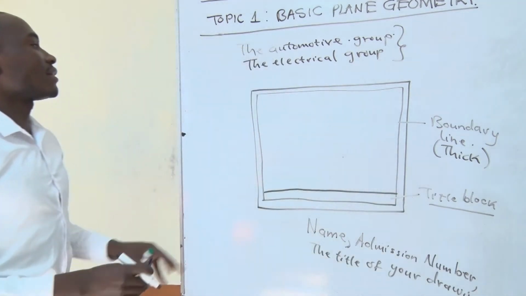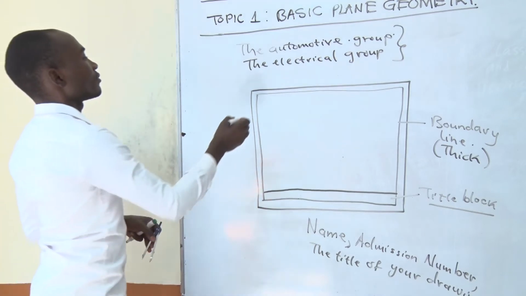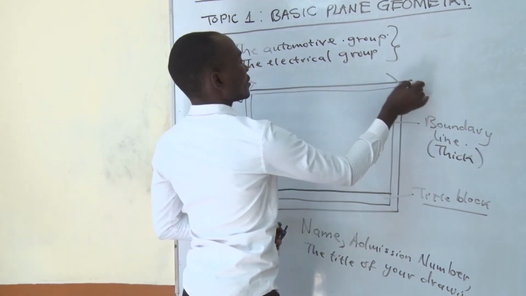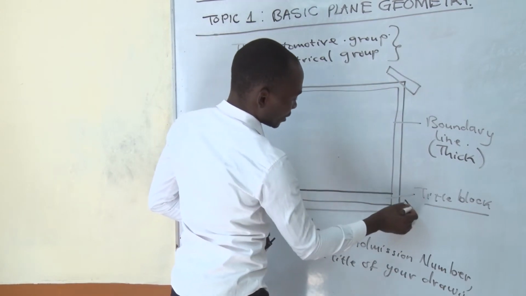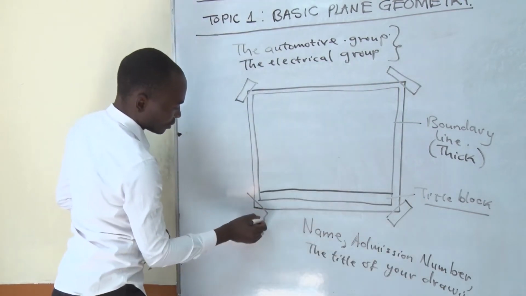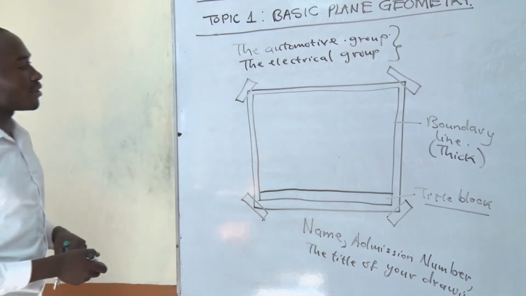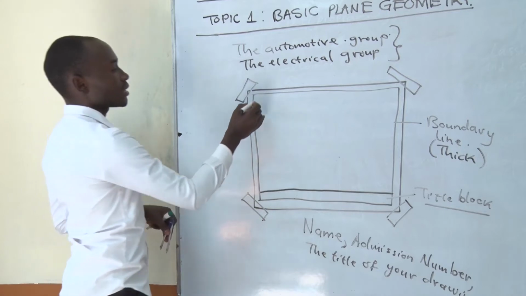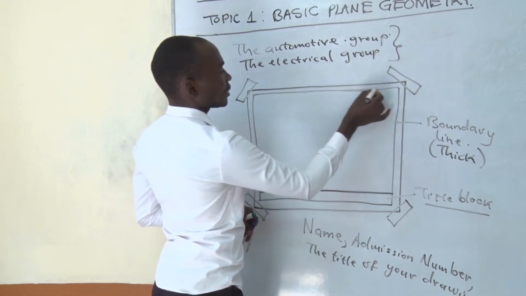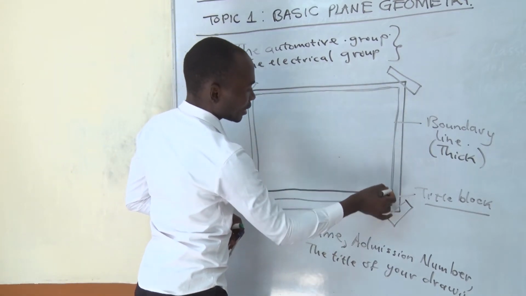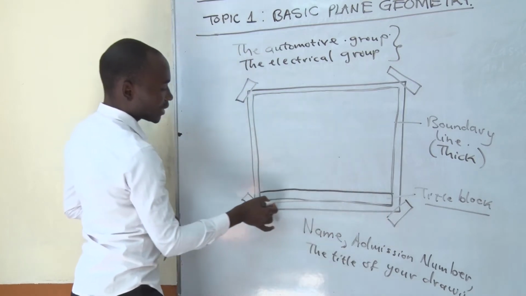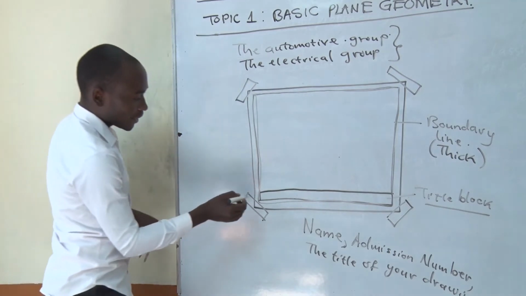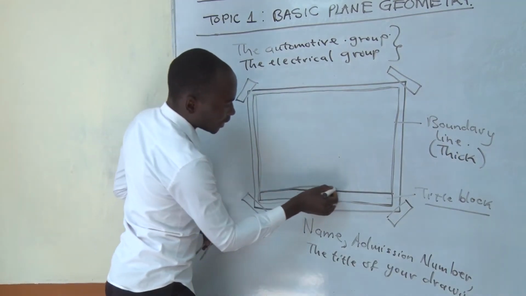So I've said that upon setting up your paper using this masking tape, for instance, you perform the following. If you have set your paper, you will draw this boundary line which is moving all around your paper. Then again you will draw the title block.